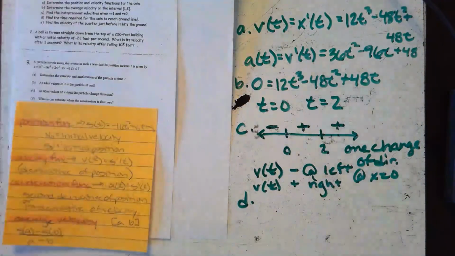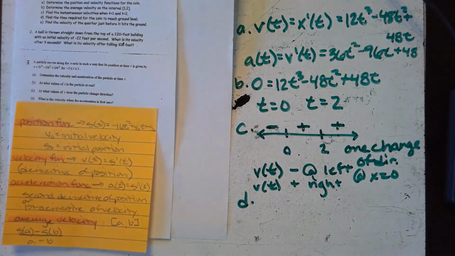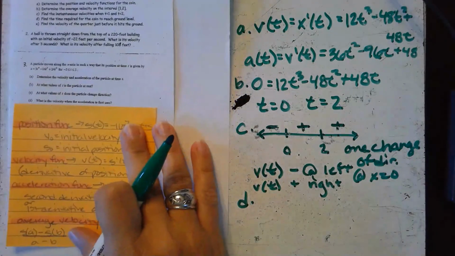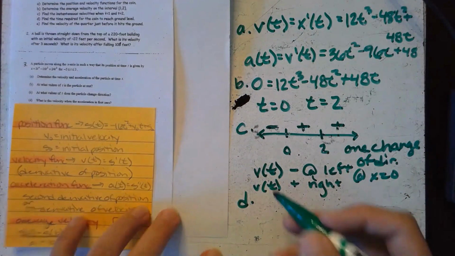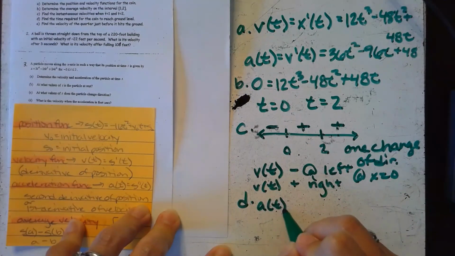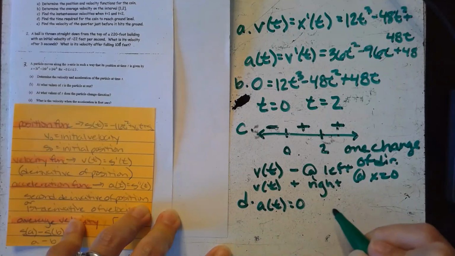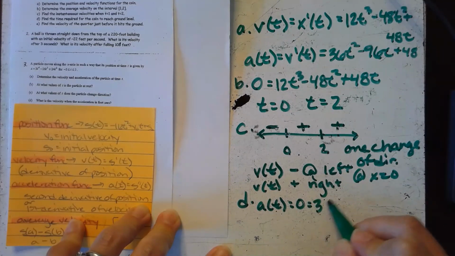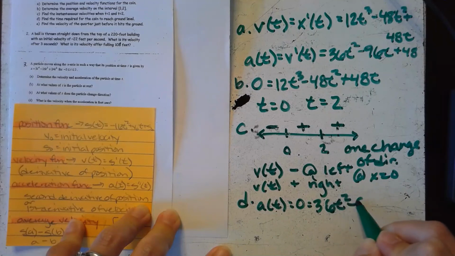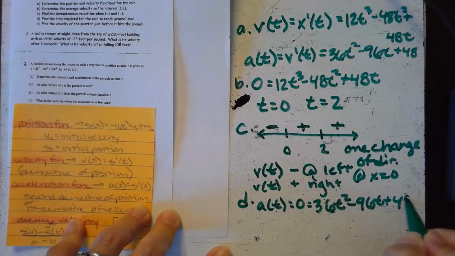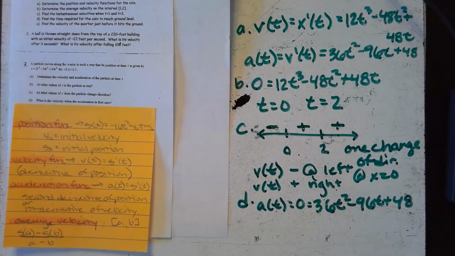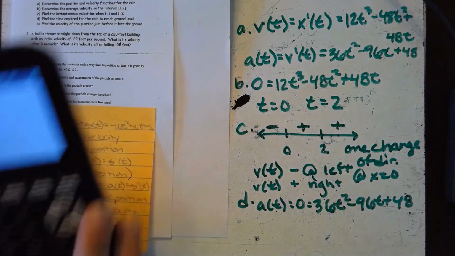And then the last one. What is the velocity when the acceleration is first 0? So first off, what is the acceleration when the acceleration is 0? All right, you can solve this using your calculator and finding where it crosses.